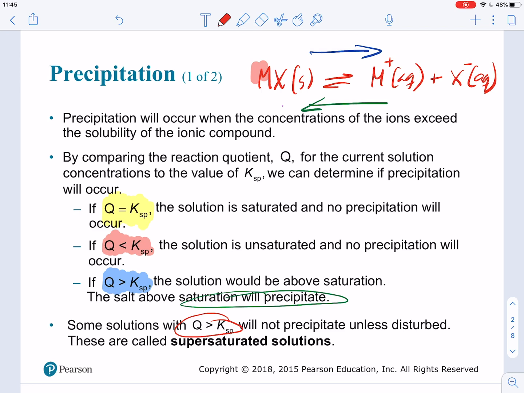We have no prediction power using math. So we're going to leave the supersaturated solutions out of this discussion because technically they should precipitate, but conditions are such that they are not, and then you have to seed it, meaning add a crystal of the solid, and then it will precipitate. But don't worry too much about it.